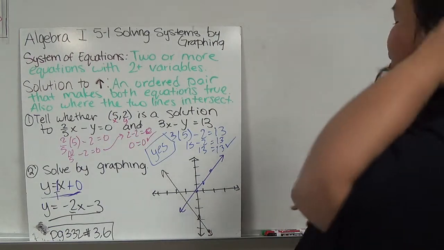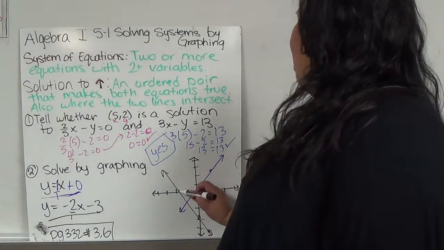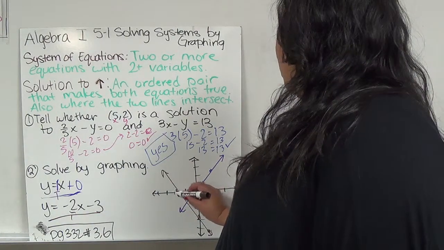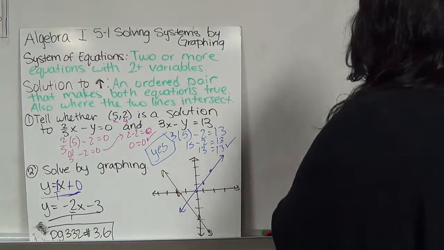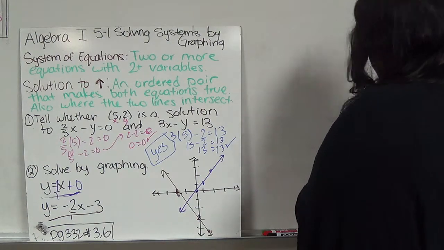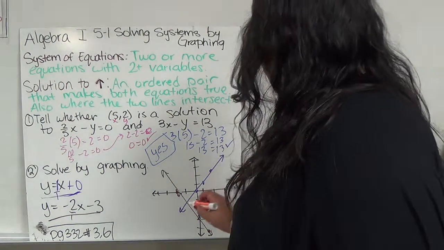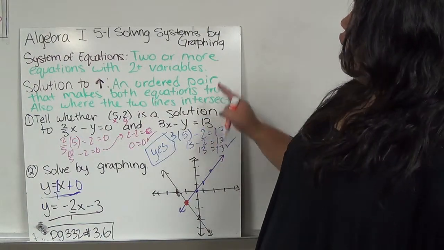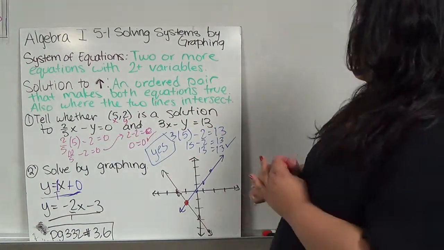Okay. So it doesn't show here, but it's supposed to hit right here. Sorry, not right here. Right here. Let me put another marker color. So right here, where they intersect, this is their solution. If I were to graph these two lines, they would intersect there.